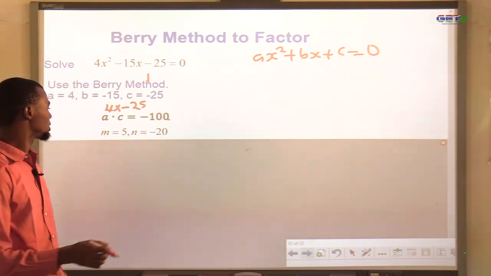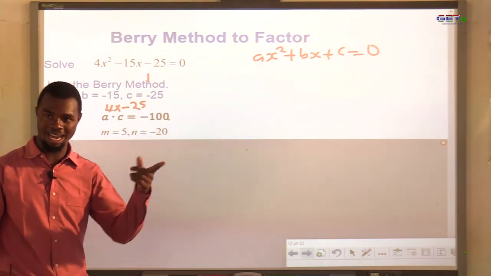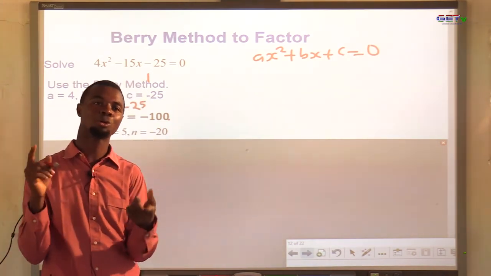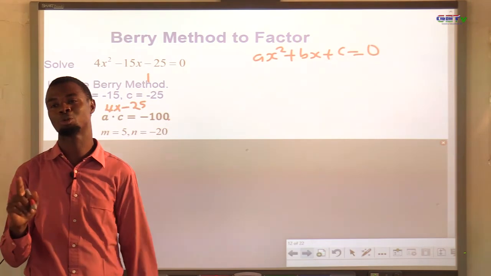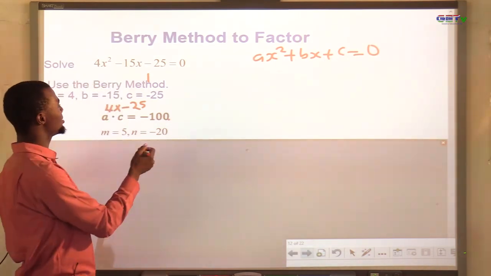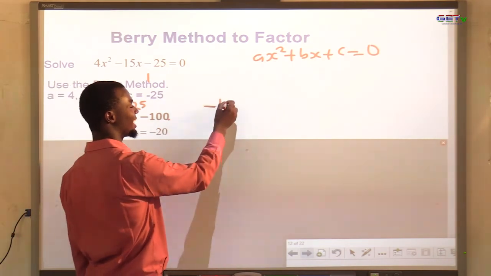So the next you find m and n. What is this m and n? Two numbers whose product will be AC and whose sum will be B. Two numbers, if you multiply them, they will give you negative 100.